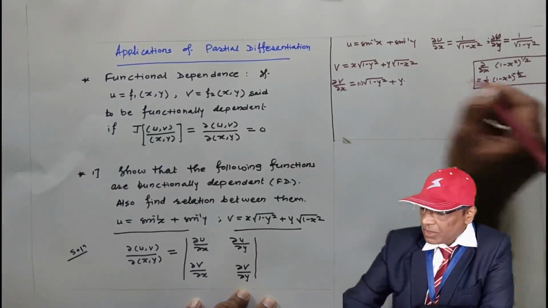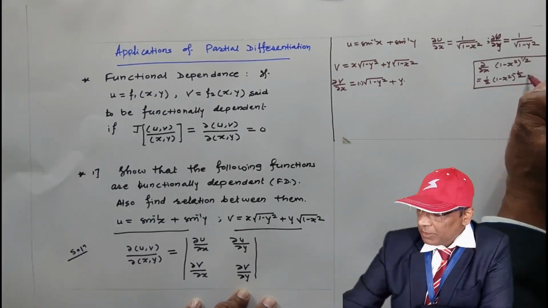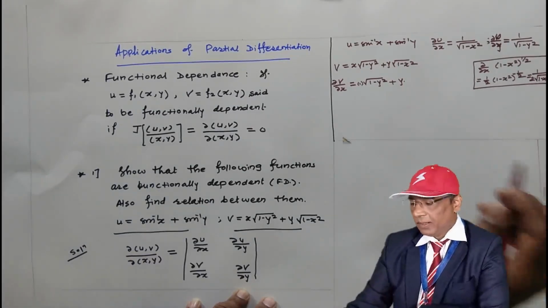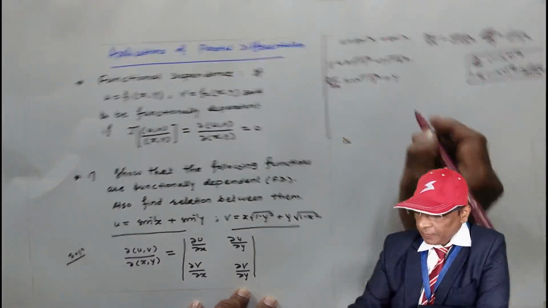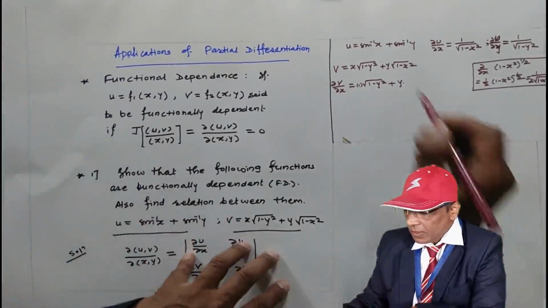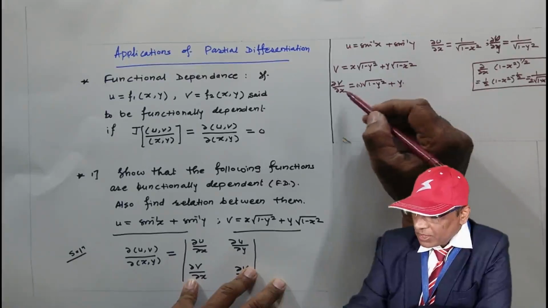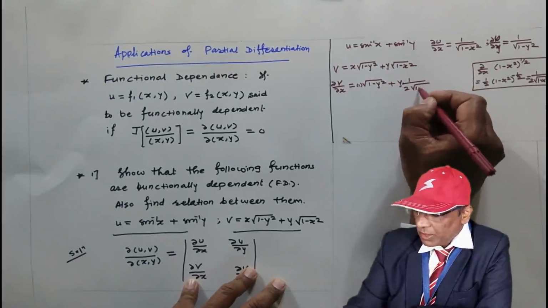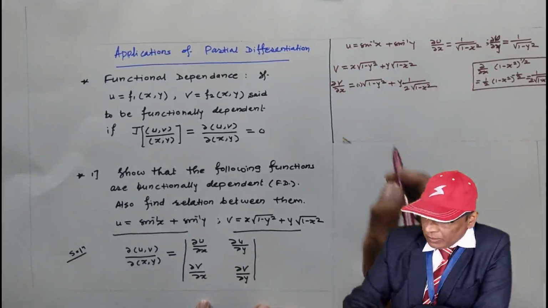Okay, this can be written as 1 by 2 under root 1 minus x square, 1 by under root 1 minus x square. Is it? So the derivative of under root 1 minus x square with respect to x is 1 by 2 under root 1 minus x square. Is it? This is del v by del x.